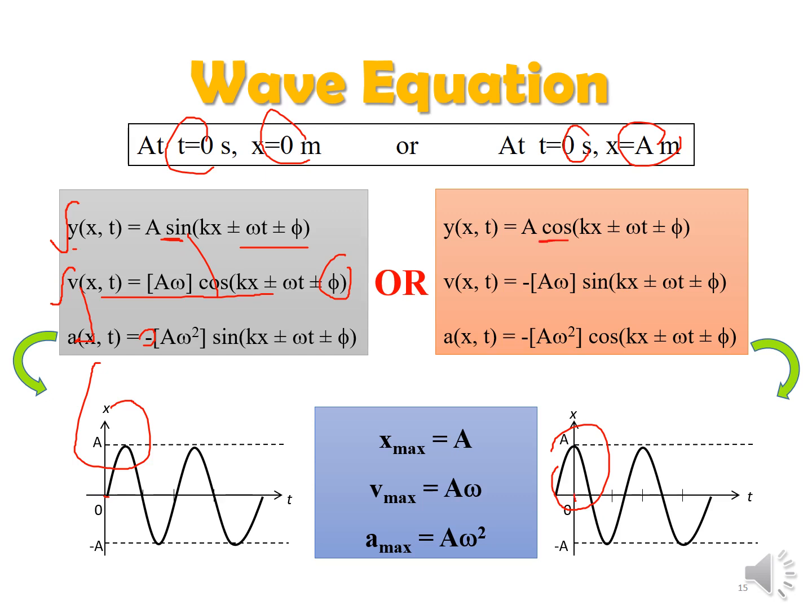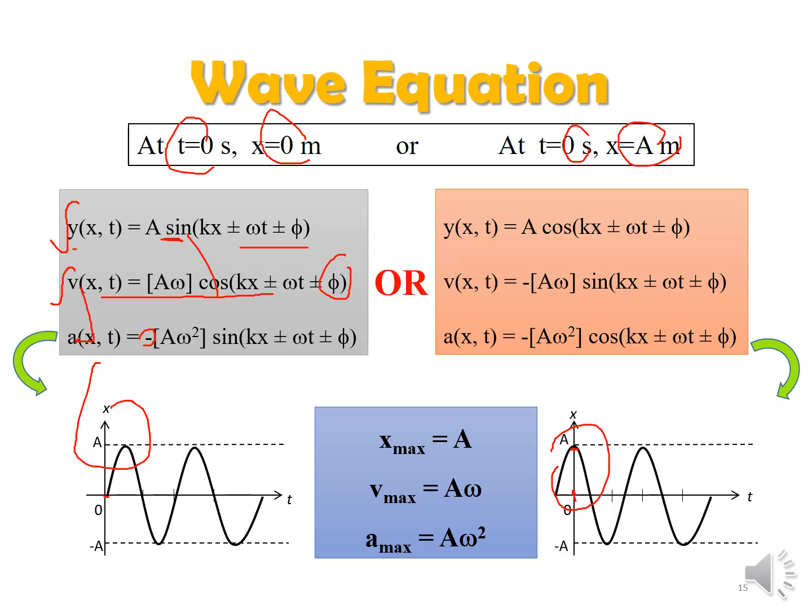So we use the equation v(x,t) equals a cos, because at t equal to 0, x is not at 0, x is already at a meter, maximum height. So plus cos, a cos kx plus minus omega t plus minus psi.